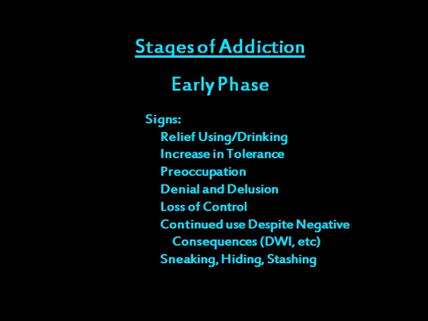There's continued use of enabling behaviors despite the serious negative consequences, DWIs and bailing them out of jail and calling into the employer and making up stories about why they're late or not there again. There's sneaking and hiding and stashing of relief objects and so forth.